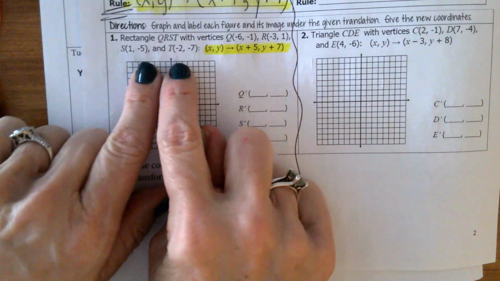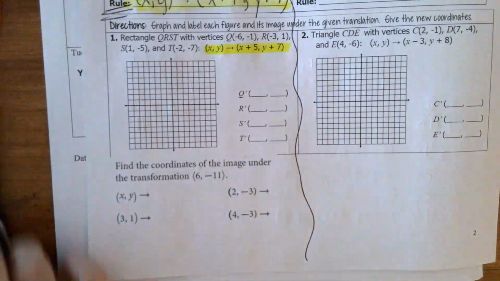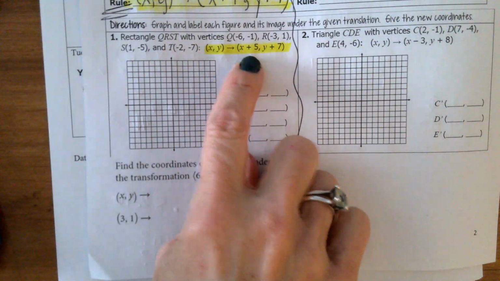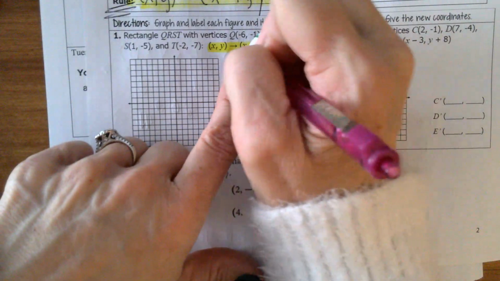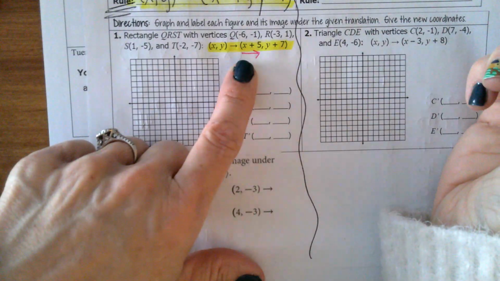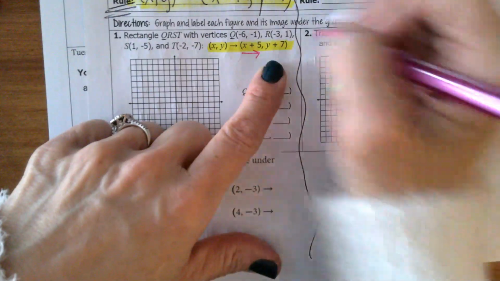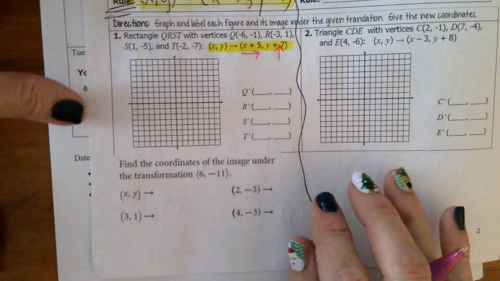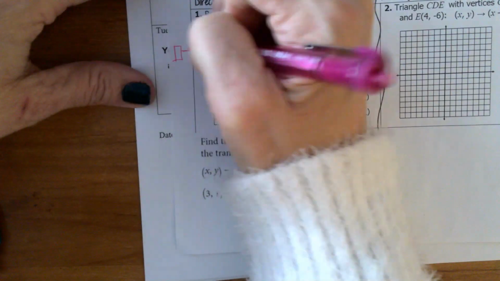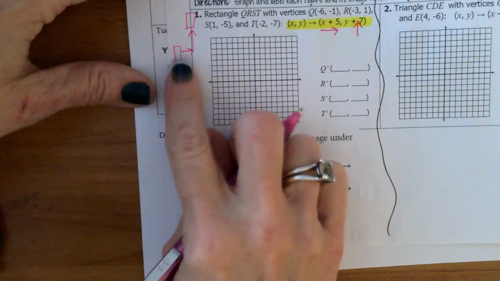Q, R, S, T. And that is their location. Now, this plus 5, am I moving to the right or the left? I'm moving to the right. And this plus 7, am I going up or down? Okay. So that's what the shape is doing. Whatever my rectangle is, I'm moving to the right, and then I'm moving up. That's what's going to happen on the graph, but we're not going to graph it right this second.